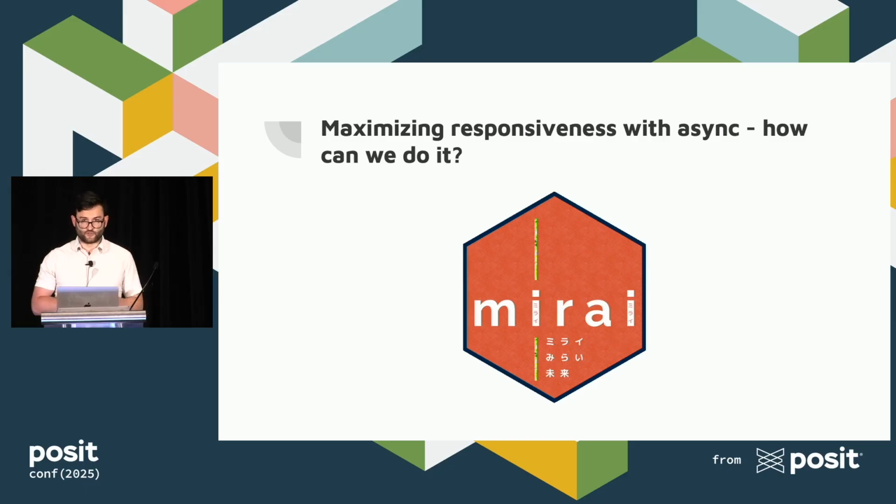It's another durable, battle-tested package that works in a variety of contexts, and it has been used for asynchronous plumber work up until today. I'm choosing to use Mirai in this example for reasons that are beyond the scope of this talk, but I'm happy to talk to folks about it later.